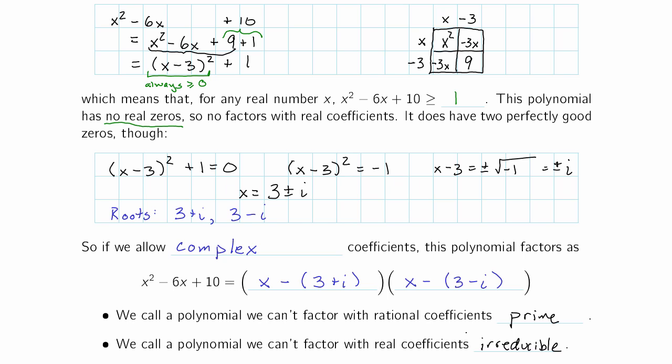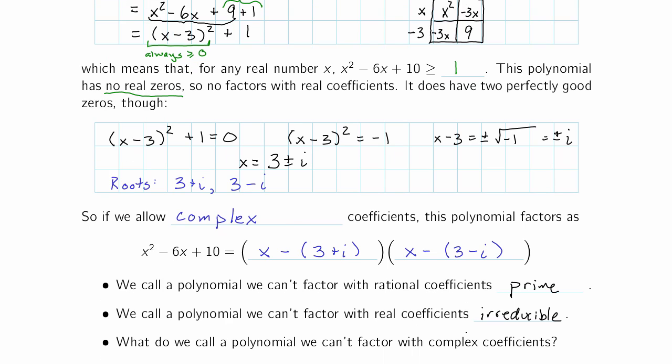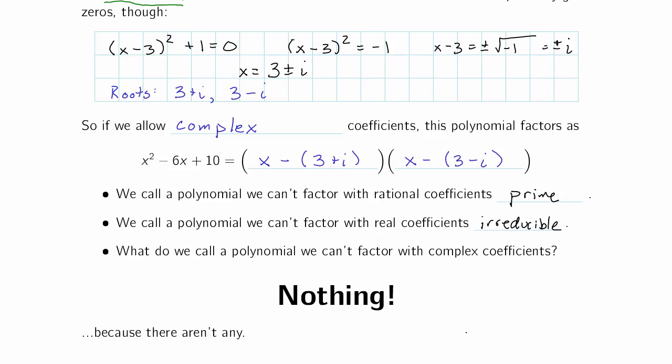But now we saw in this video that some irreducible polynomials can be factored with complex coefficients. Okay, what about polynomials that can't be factored even with complex coefficients? What are they called? Well, it turns out they aren't called anything because there's no such thing. And that's what we're going to talk about in the next video.